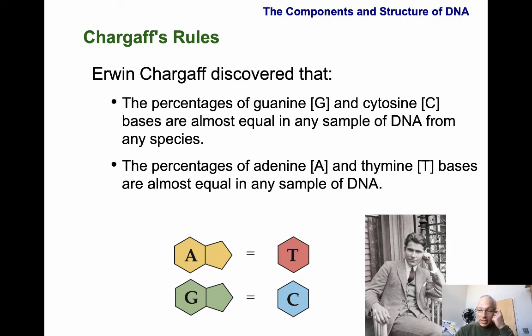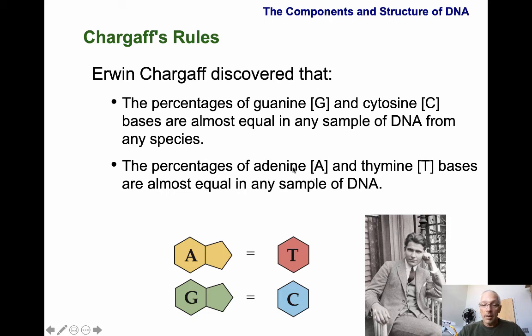And he looked at lots of different species of organisms and determined that the ratio of guanine and cytosine in any species is essentially equal. So however much guanine was in a species' DNA, there would be essentially the same amount of cytosine. Likewise, however much adenine there was in a particular organism, there would be an equal amount of thymine.